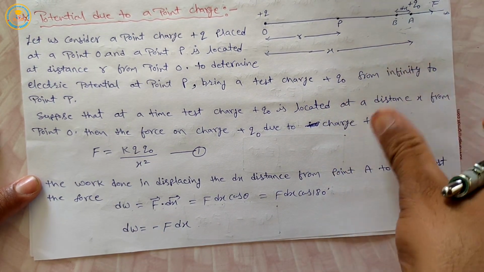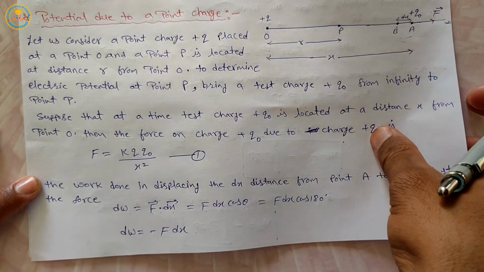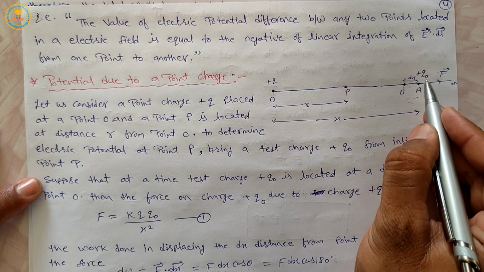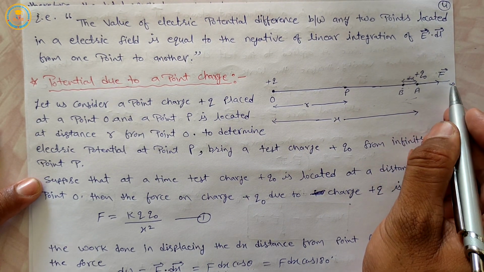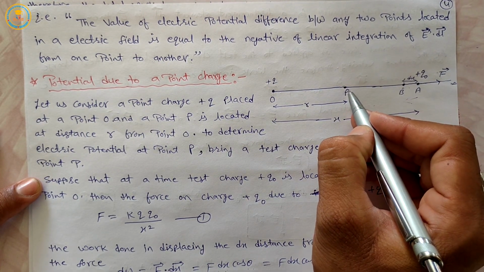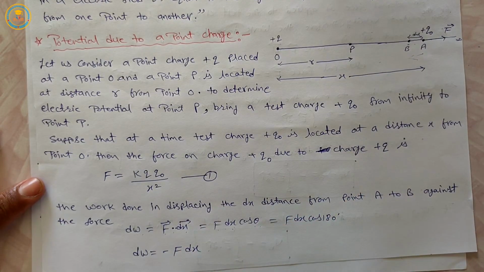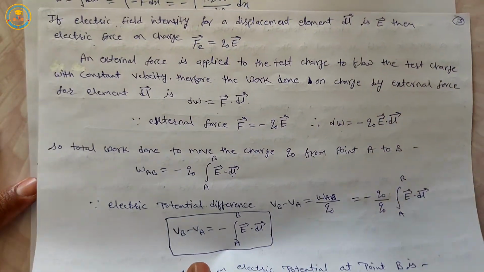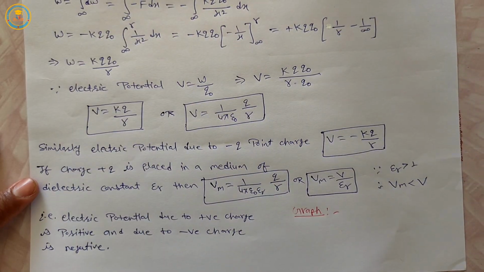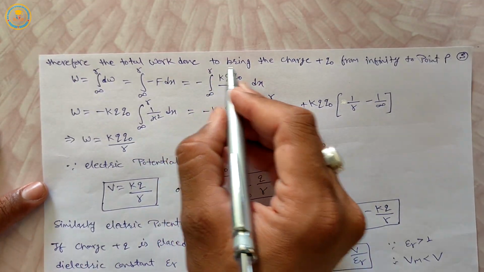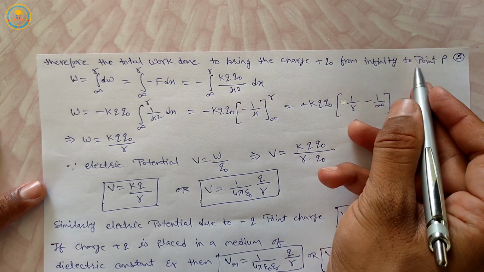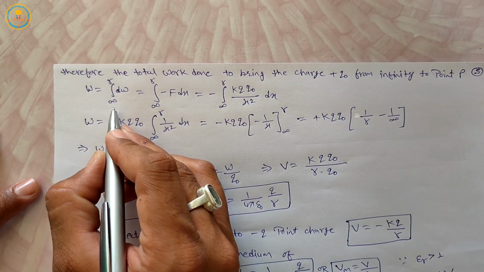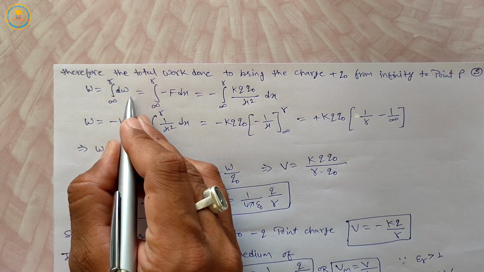Now the total work done to bring this test charge from infinity to point P. We integrate this equation on both sides. Total work done W is equal to the integral from infinity to r of dW.